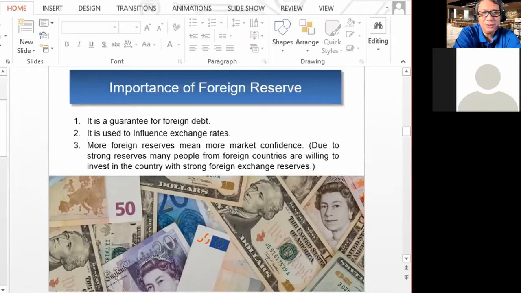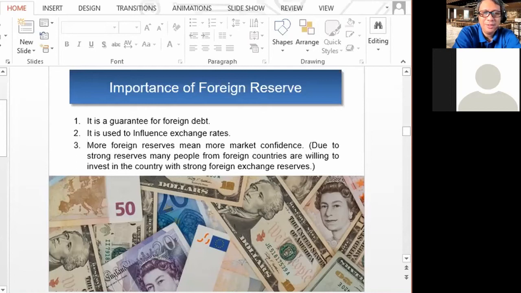Number two, it is also used to influence the exchange rates. So we have mentioned the managed exchange rate and the fixed exchange rate. Okay, so this is how the central bank of an economy influences the exchange rate. No? So they just control the supply and demand of foreign currency in their economy.